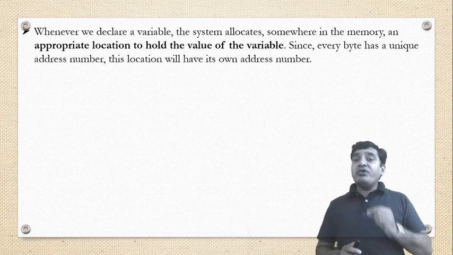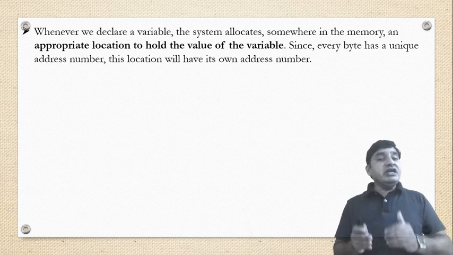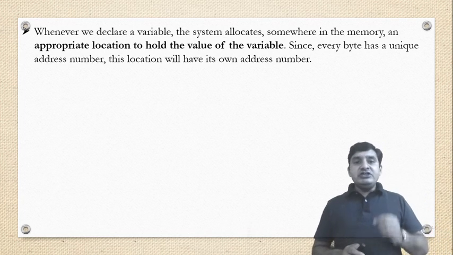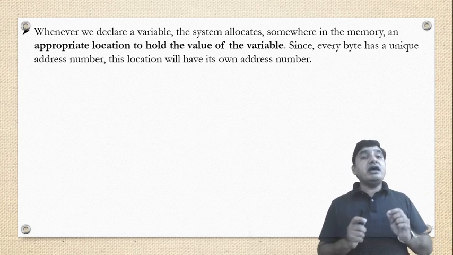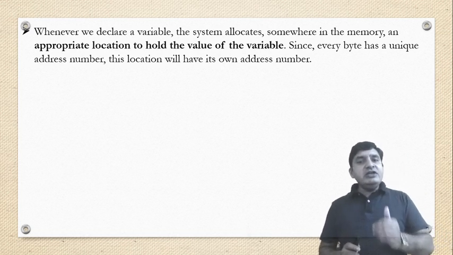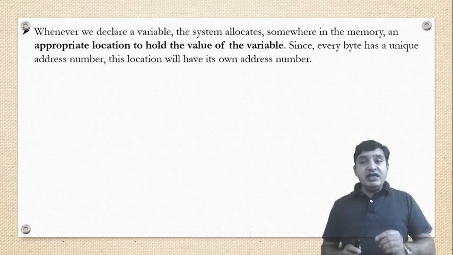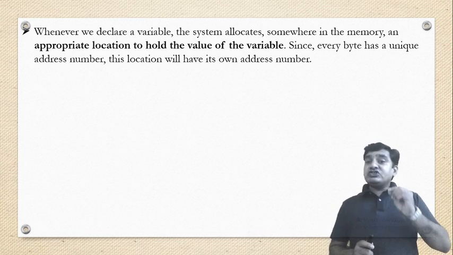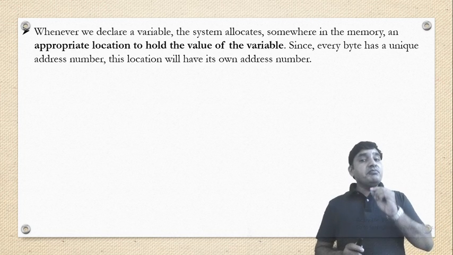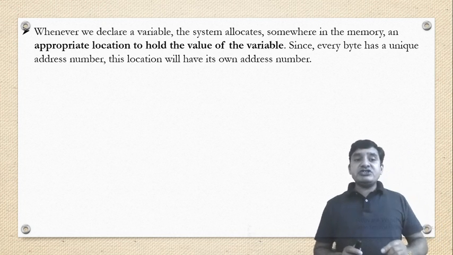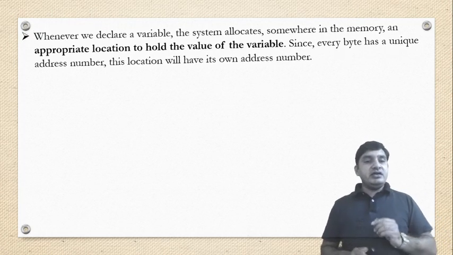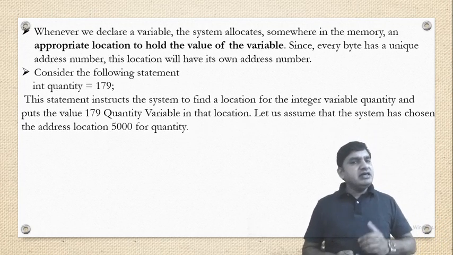Since every byte has a unique address number, this location will have its own address. The value of a variable is stored in a particular location and that location has a unique address.